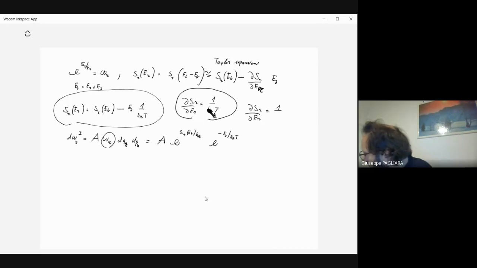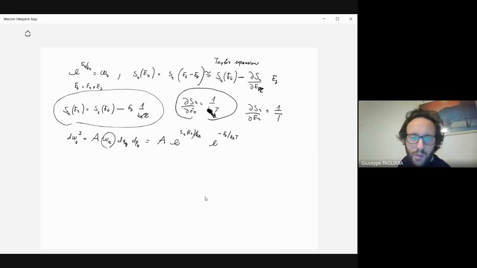It's 1 divided by the temperature, because TdS is equal to dU plus PdV. Then I have a KB at the denominator there, and of course this is not present anymore.